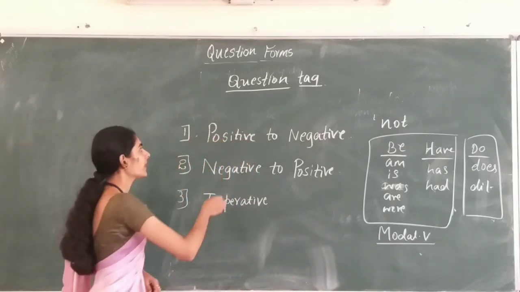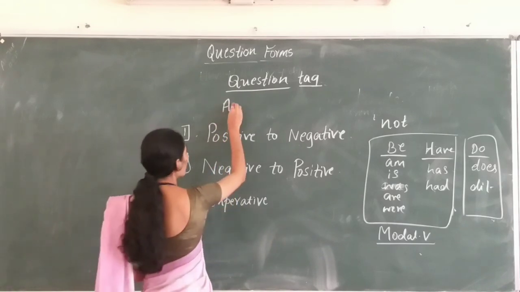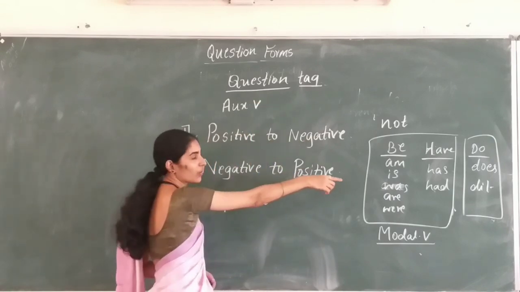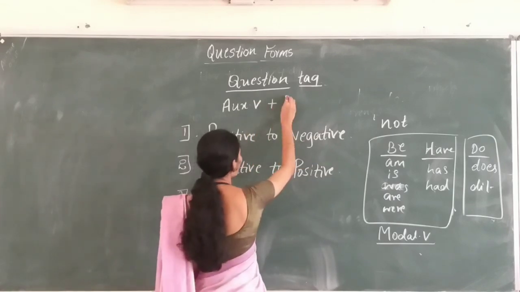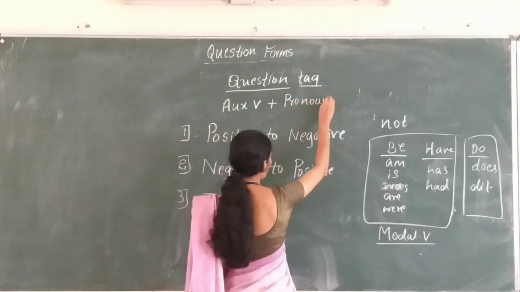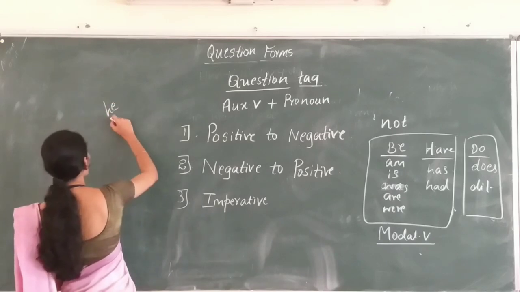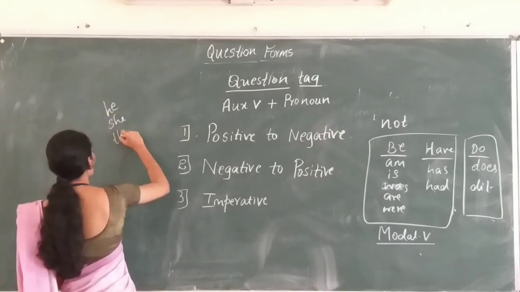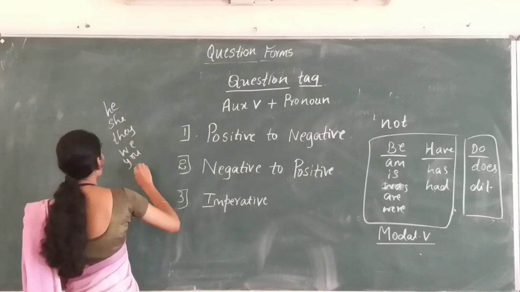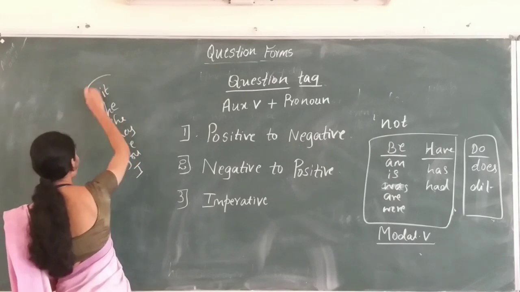Now, as I said, the structure of a question tag is auxiliary verb, the same as helping verb, plus personal pronoun. What do you mean by pronoun? Pronouns are he, she, they, we, you, I, and it.